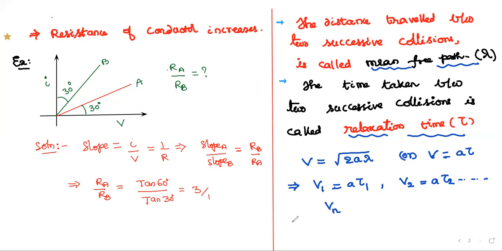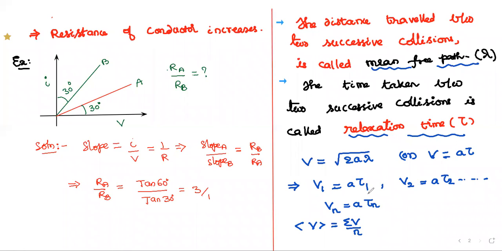Right? So on the whole, if you want to find out the average velocity of all these velocities, you know how to find it: sigma v by n, that is a into tau n.